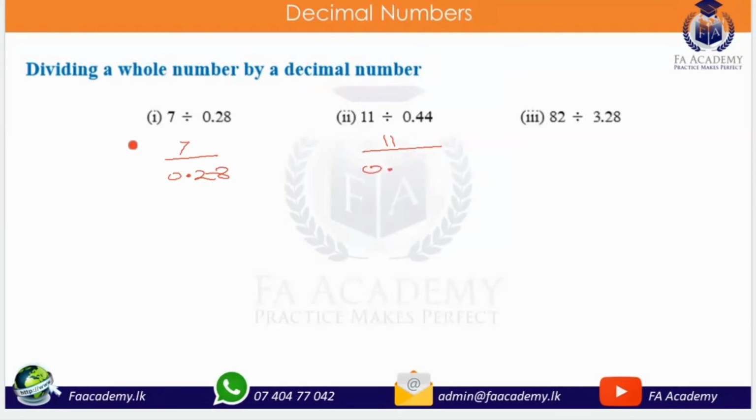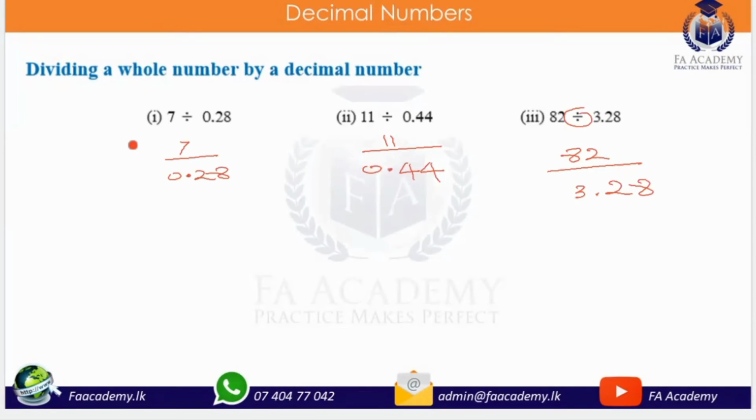I just put a line and took the number after the division sign to the bottom. That is always the denominator. Instead of this sign, I just put a line, the division line, and then 0.28. After writing it this way, it will be easier for you to find the final answer.